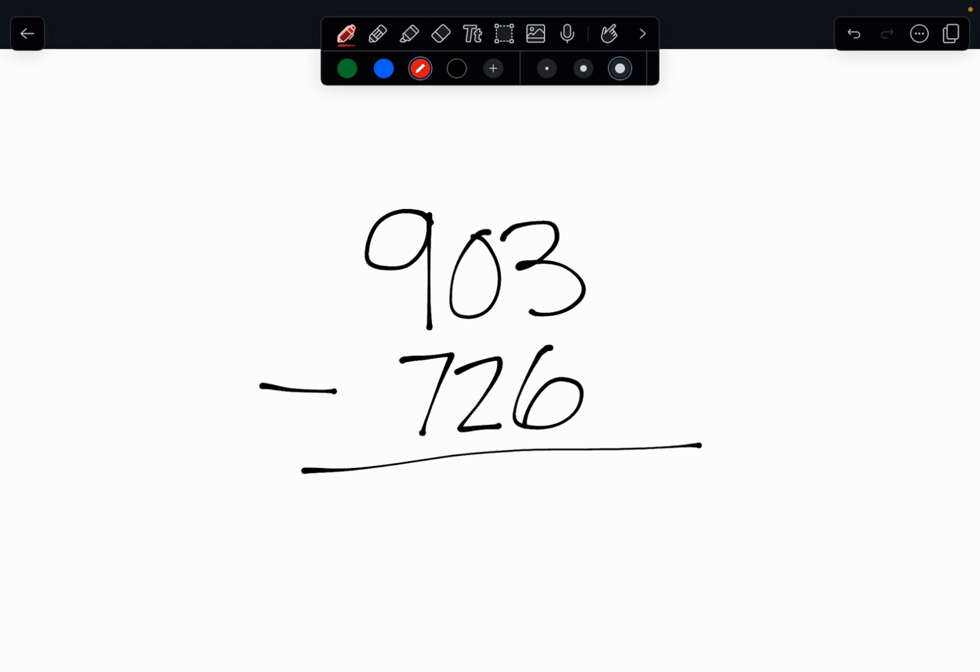We know I can't take 6 away from 3, so I have to go to my 10's place. But you see they have a 0 there, so I can't stop there. I have to go to my 100's and put an 8. This now becomes a 10. Well, I still have to take 6 away from my 3, and I can't do that yet. So I'm going to borrow from my 10's now and make it 9.